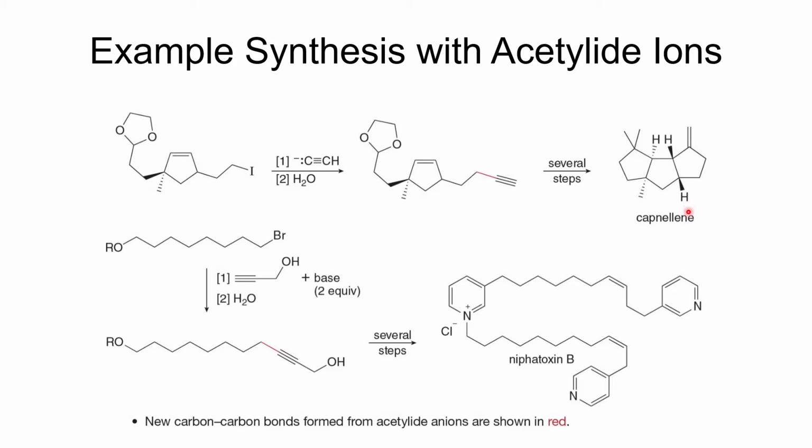Interesting. Again, I'm not sure exactly what the steps are. Here is another one. You deprotonate it, and then add it to this alkyl halide, and you get this. And then several steps. Again, a lot of somebody's time went into that, and you end up getting this big compound here.